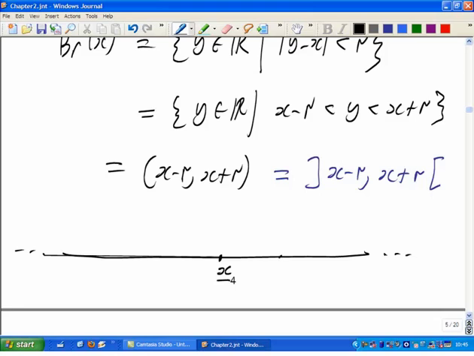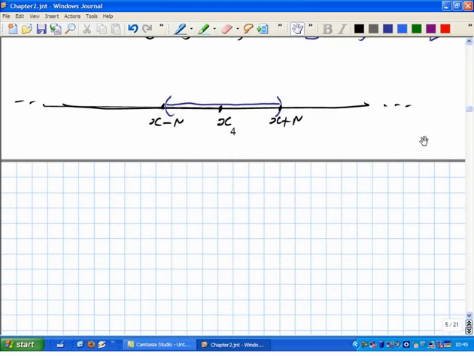So here's your real line. Here's your point x. Here's x plus r and x minus r. And we get the open interval. And here's your set.